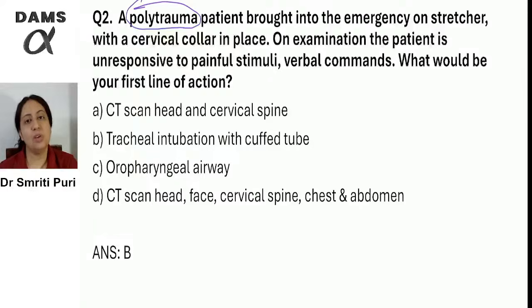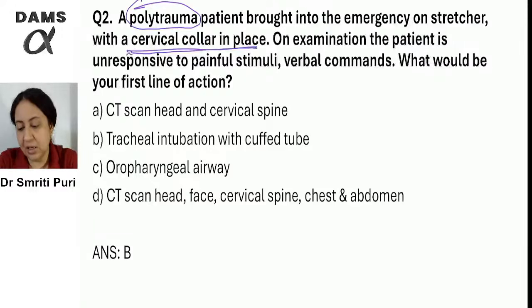The patient can also have a lumbar or thoracic spine injury, long bone injuries of the legs or arms, and multiple rib fractures. So a polytrauma patient means multiple fractures and multiple trauma-inflicted injuries all throughout the body. The patient is brought to the emergency on a stretcher with a cervical collar in place.